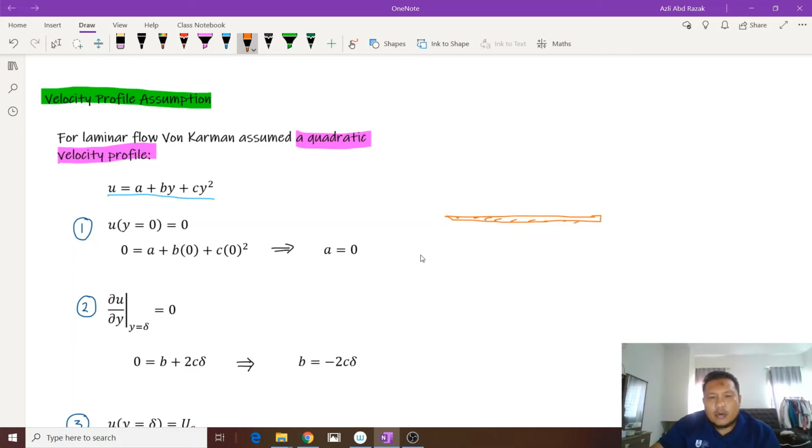We have the boundary layer here. This is our boundary layer on the flat plate, and then we have the velocity profile in the viscous area. So this is a velocity profile. Here is y.